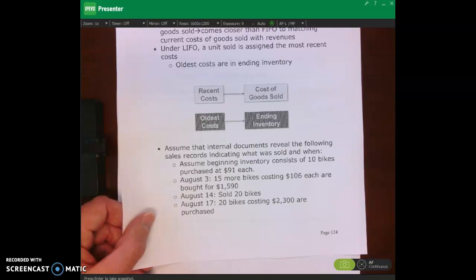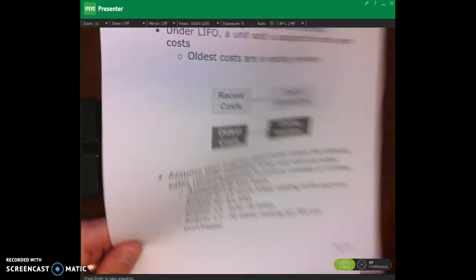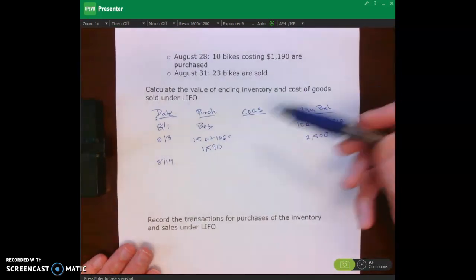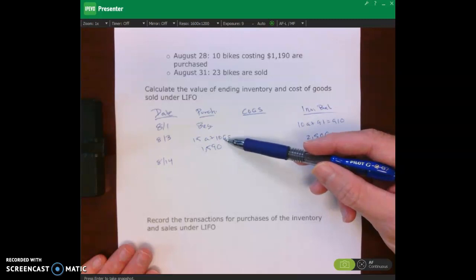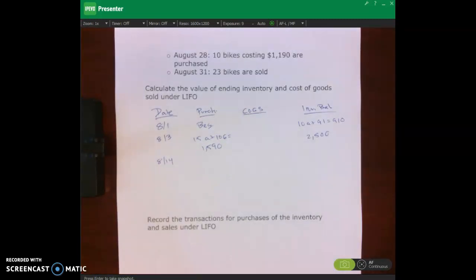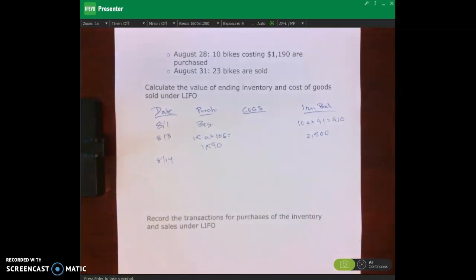So we have to make a certain assumption here. And what we're assuming with last in, first out is that we sold the 106 first, and then we moved to the beginning inventory. So the most recent purchases show up in cost of goods sold. The oldest purchases stay in inventory. Okay, so it's the opposite of first in, first out.